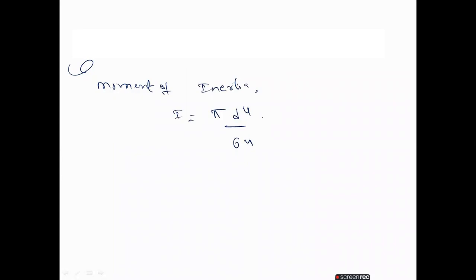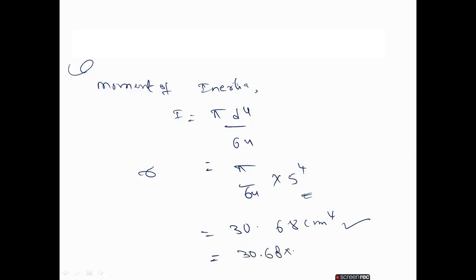Pi by 64 into the d value, 5 power 4, and we will get 30.68 centimeter power 4. This is in centimeters. If I convert centimeter to millimeter, that means 30.68 into 10 to the power of 4 mm power 4. So this is the value of the moment of inertia I.